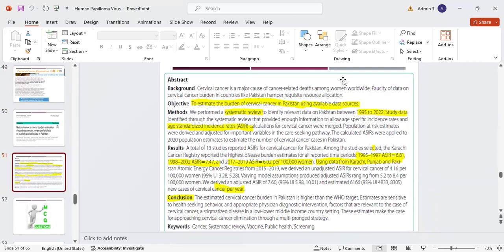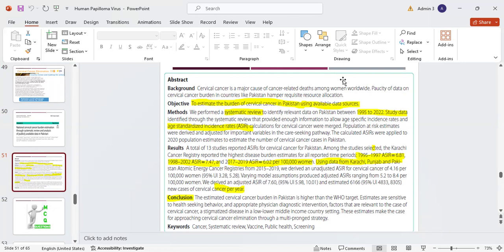Among the selected studies, the Karachi Cancer Registry reported the highest disease burden for all the reported time periods: 1995 to 1997, ASIR 6.81; 1998 to 2002, ASIR 7.47; and 2017 to 2019, ASIR 6.0 per 1 lakh women.